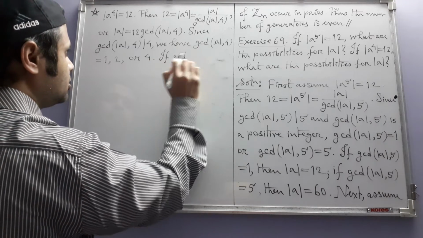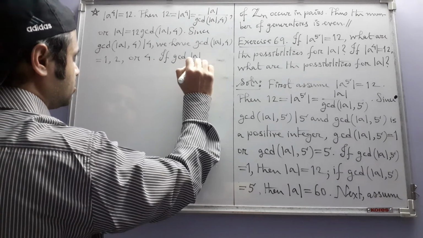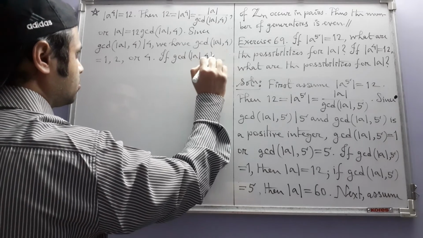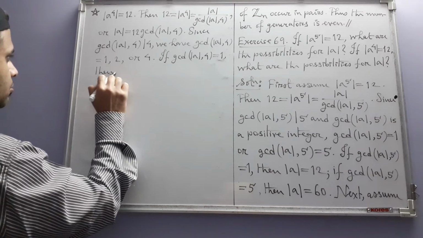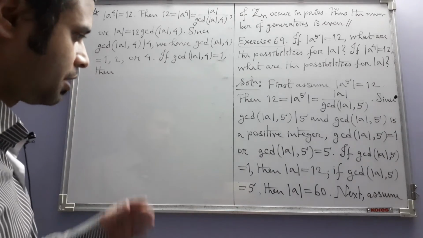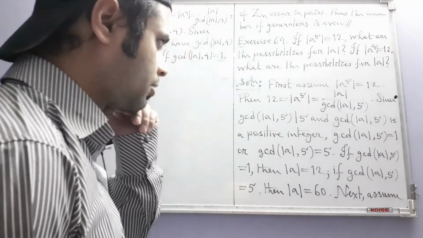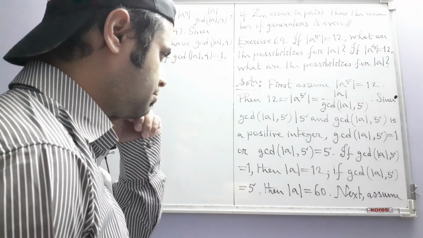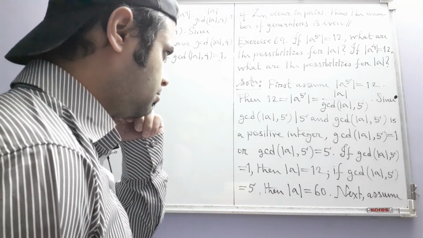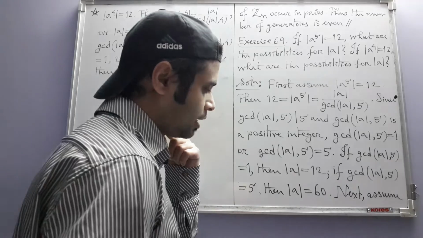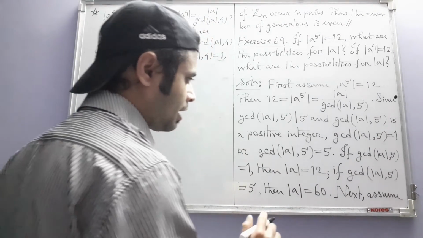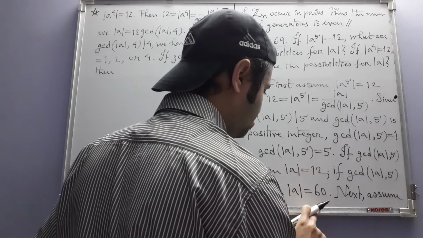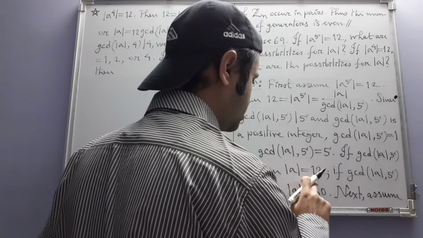If the GCD is 1, then, oh, there is one more thing. Have we forgotten to see what happens? Do we really have these cases? Are they possible, or are we just simply writing them from this equation?